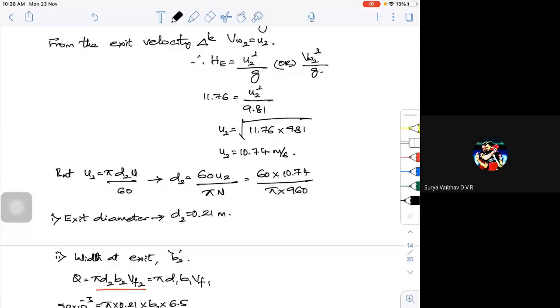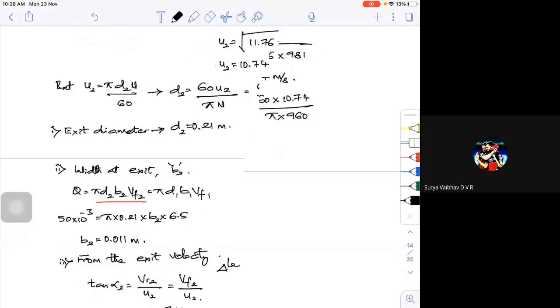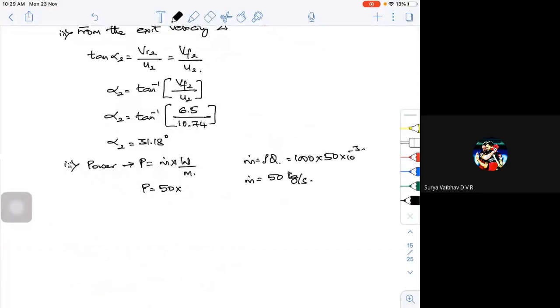So power will be mass flow rate into U2 square, where U2 is 10.74. If I substitute, I am getting my power as 5.77 kilowatts. This is the power available at the rotor.